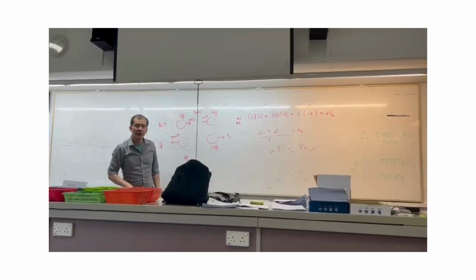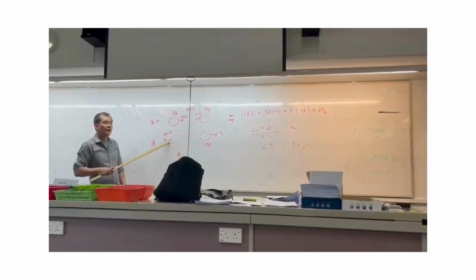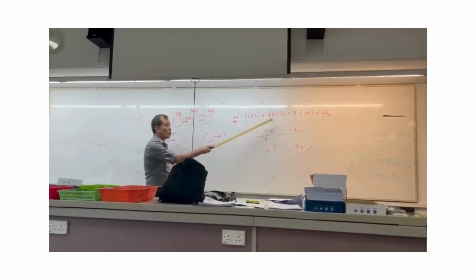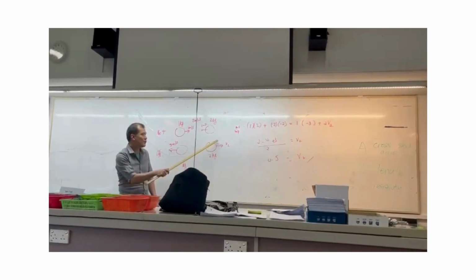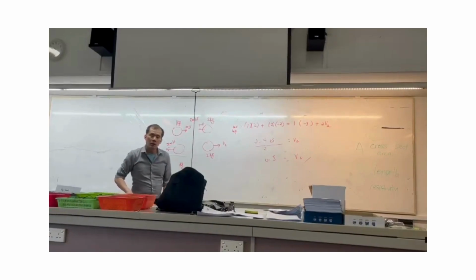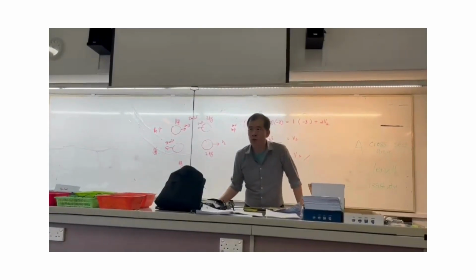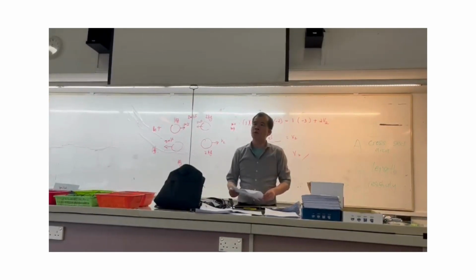Equated to momentum after collision, this is equal to m1 times v1, but your v1 is given to you as negative 3. So therefore this is 1 times minus 3 plus 2 times v2. So I only got one unknown in one equation. I can solve for v2. Any question for number 3?